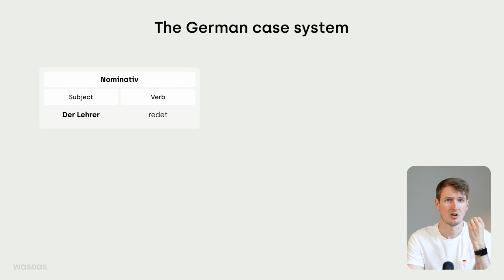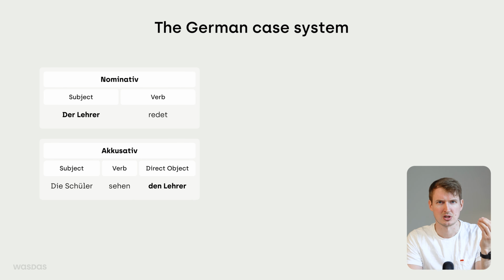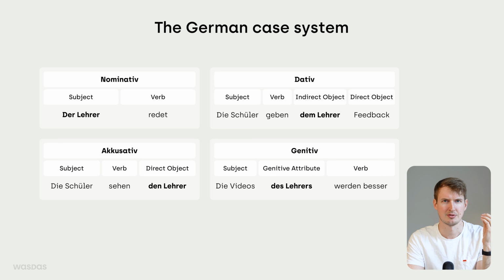So what have we learned about the German case system in a nutshell? We use the nominative for the subject of the sentence. Luckily, we always learn the nominative form whenever we learn a new noun. We use the accusative for the direct object of the sentence. For the indirect object, we use the dative. Whenever we talk about possession or affiliation, we use the genitive.